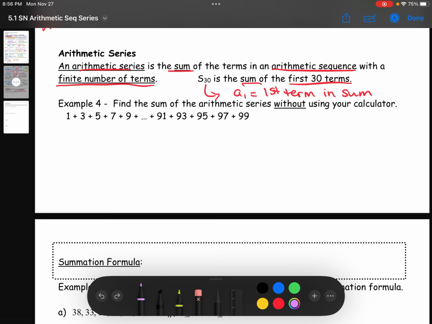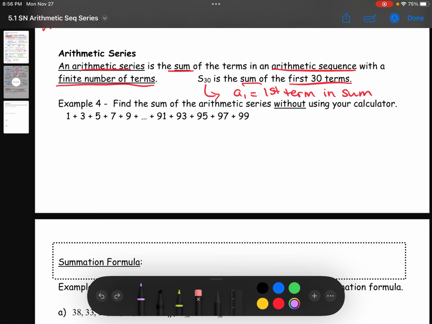I am 100% positive if I put all that in my calculator, I would miss something. I would skip a number, I would hit a times instead of a plus, I would mistype something, and I would get the wrong answer. So we need another way to do this. And no surprise, I'm going to show you.